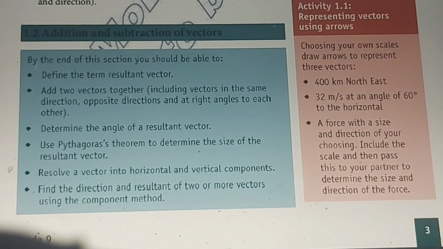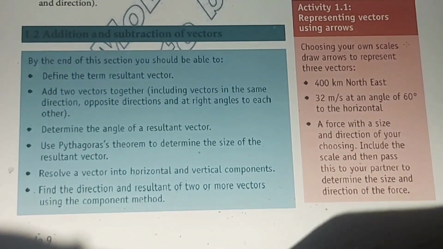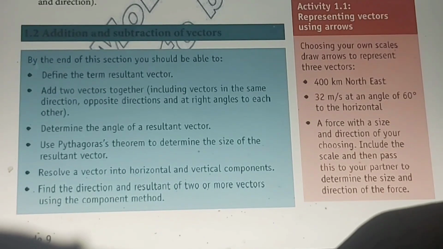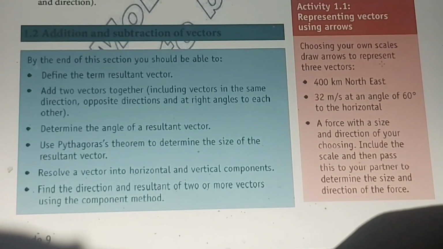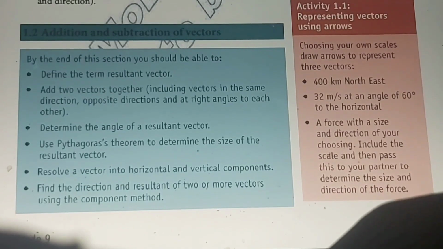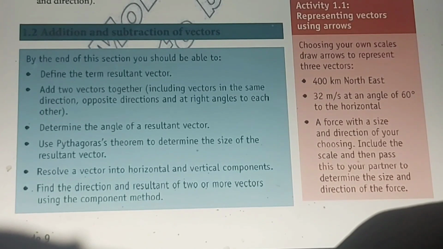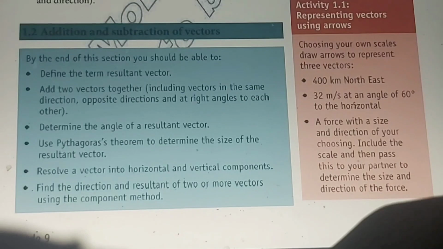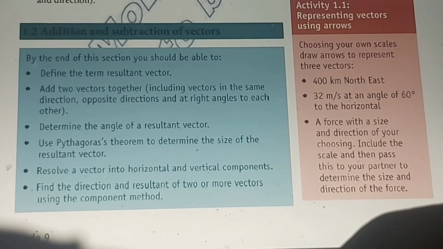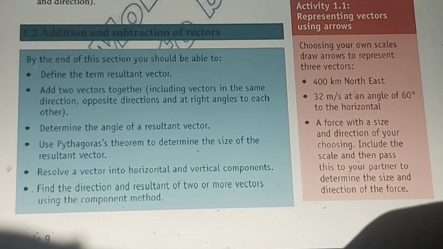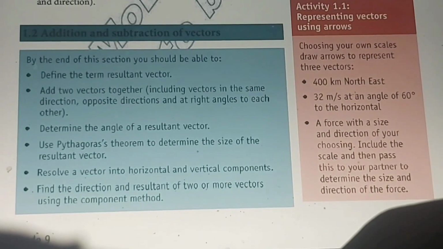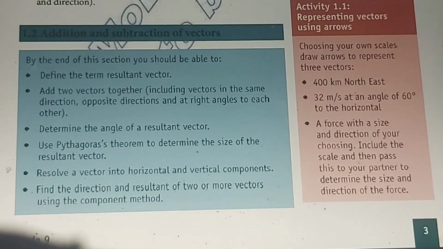Okay, here it says using your own skills, draw arrows to represent three vectors. These three vectors are given for us. 400 kilometers northeast. We can draw it using an arrow, the length of the arrow represents the size, and the tip represents the direction, northeast.